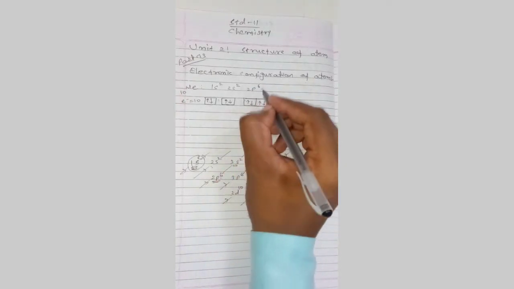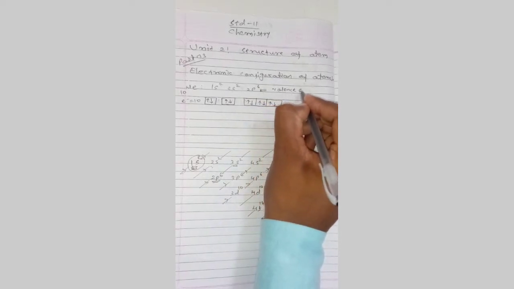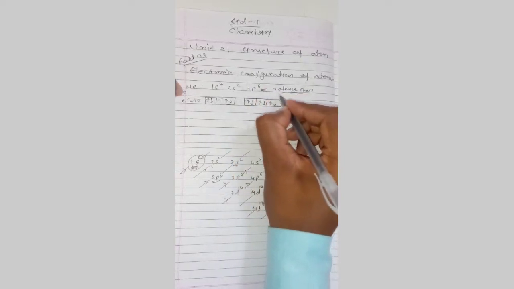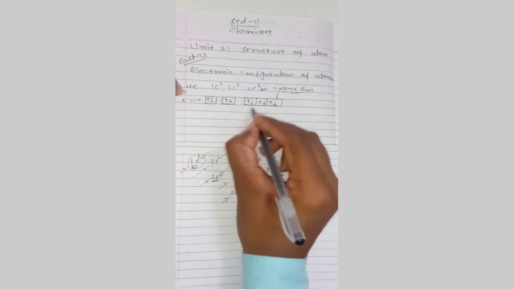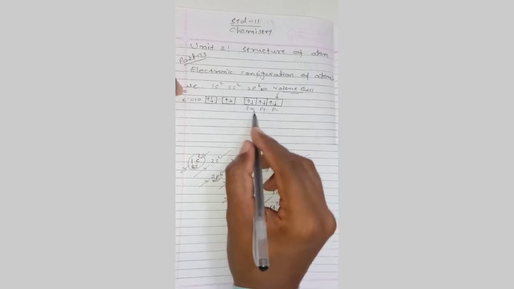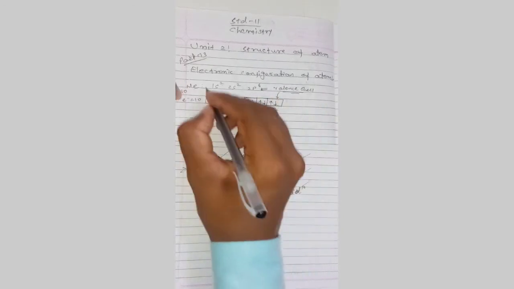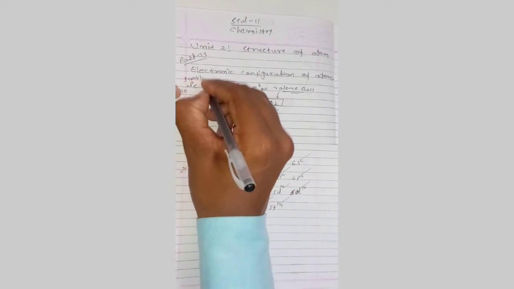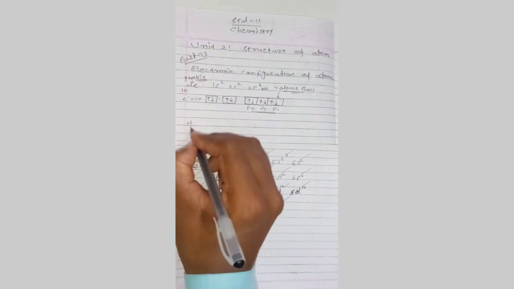So in the valence shell, all the orbitals px, py and pz are completely filled by electrons. So neon is stable here.